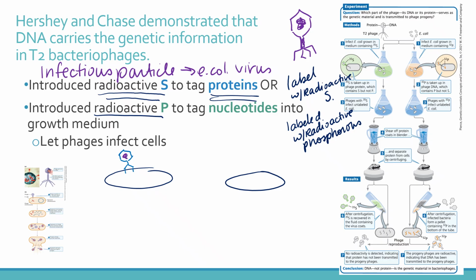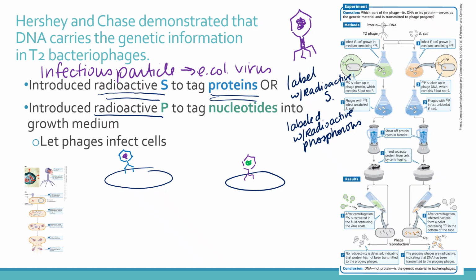But so we had these tagged proteins, and then in the other group, we had our untagged protein, but now we have our tagged nucleotides. So one set of viruses should infect, if it's proteins, with radioactive protein. The other group would infect, if it's nucleotides, with this radioactive phosphorus.